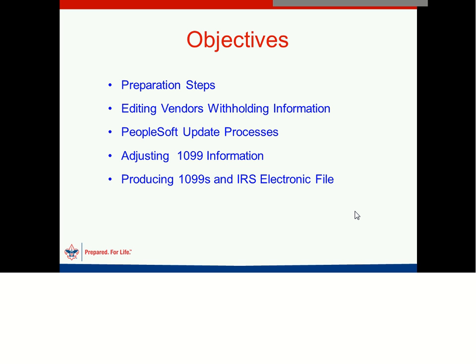And after those updates and edits are made, there are some processes that will have to run in PeopleSoft in order to bring those into the system for 1099 reporting. There may be a case when we have to make an adjustment if a dollar amount was entered incorrectly, or there may be some 1099 reporting information that has not been entered into PeopleSoft, and we do want to include that on a particular form.